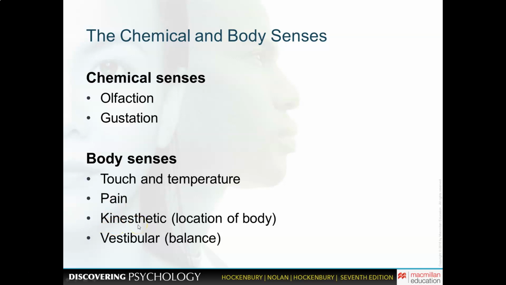So basically, when you want to put your body in a certain position, like say for dance or martial arts or sports or something to that effect, we're using kinesthetic senses to put our body in that position. And then last but not least, we have what's called vestibular. Now vestibular refers to our sense of balance. That's how we sense where we're balanced or not.